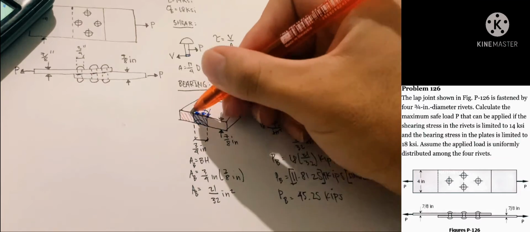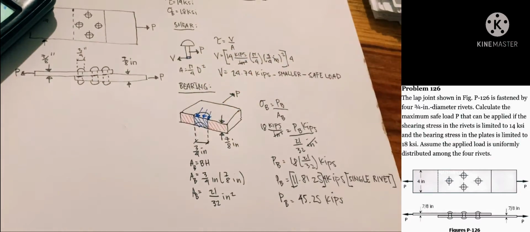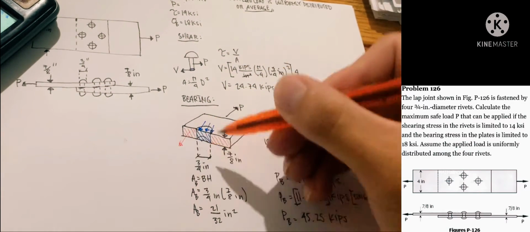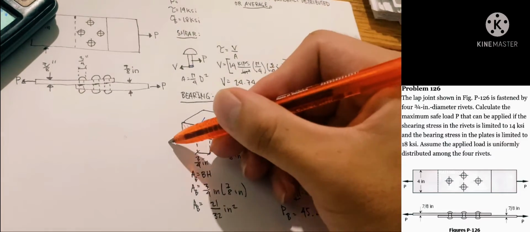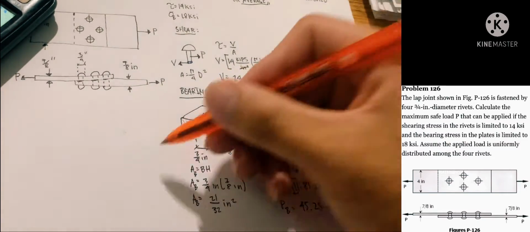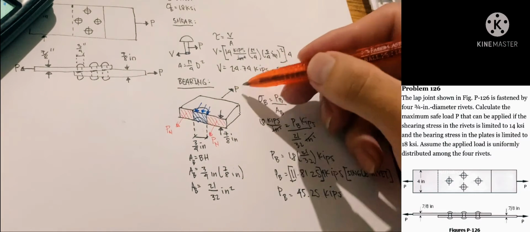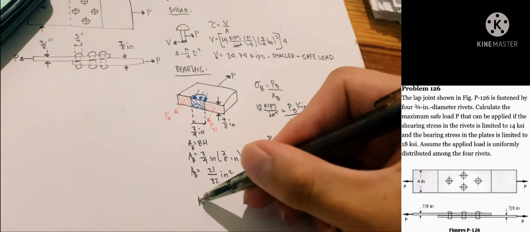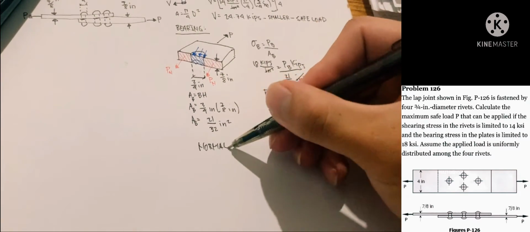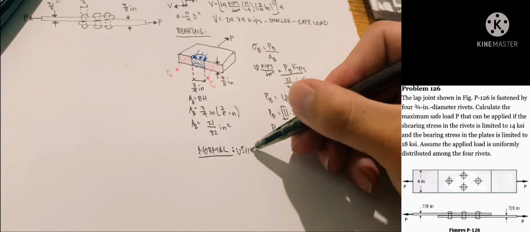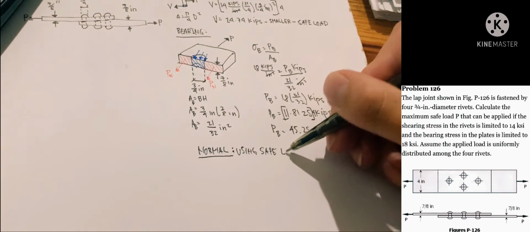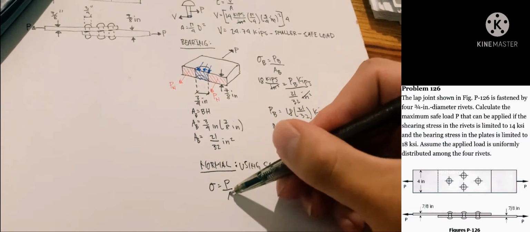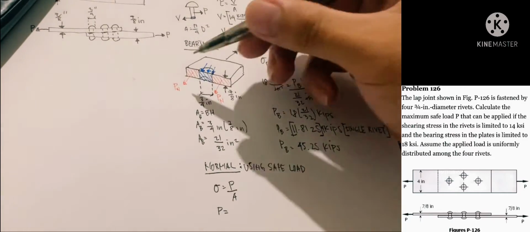For our normal, I will shade the area perpendicular to the P that the normal will use to resist against our P. I will denote the force as P sub n. So for our normal, using our safe load that we calculated, the shear, because it is smaller.